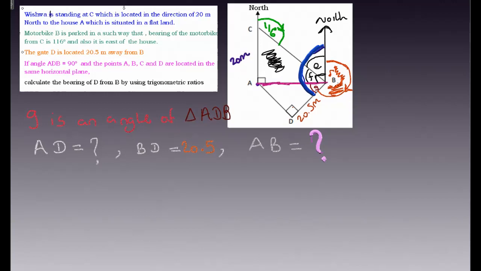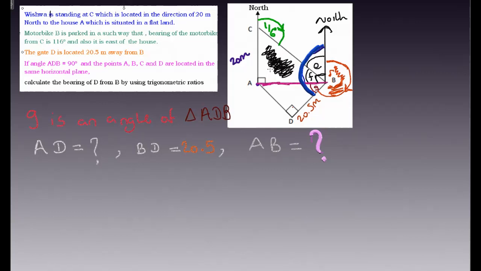Because AB, this pink line I have drawn, is a side of both triangles. It's a side of the bottom triangle and also of the up triangle. And I feel we can apply trigonometry to the black triangle here and find out AB's length.